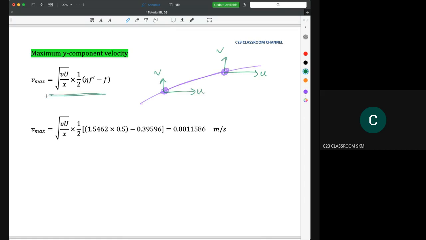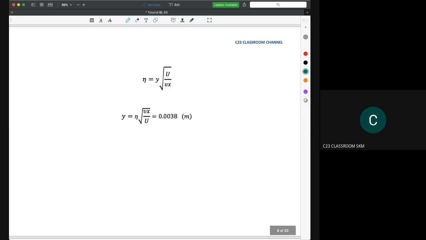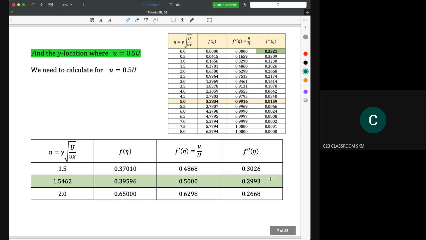This is the equation that we could get from the textbook. It is okay for you to use this equation if this question is asked. However, this is not our syllabus, but at least you want to know this. In the previous question, I used values from the table. Now, if you want to calculate it, you still could calculate it based on the table here. So we know here that we have a 0.5.